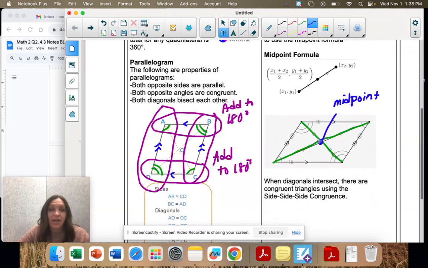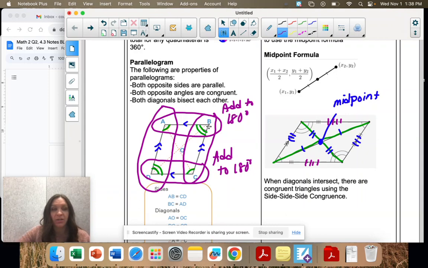And when those diagonals intersect, they create two congruent triangles. This one, see the sides are the same right here. Those triangles are congruent. And actually two more on this side. This triangle and this triangle.